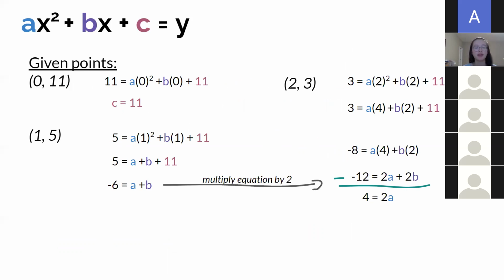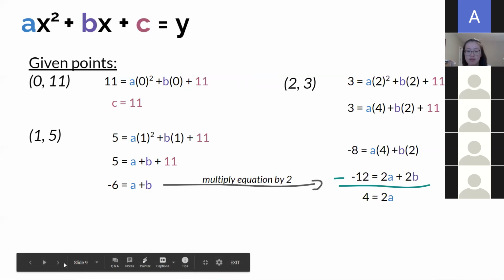So that's how we plug it into the equation. Since 11 is our y, it would be 11 equals a times 0 squared, because it's a times x squared, plus b times 0 plus 11. So that's why c equals 11. Did that make sense? Does that make more sense? Okay, good.